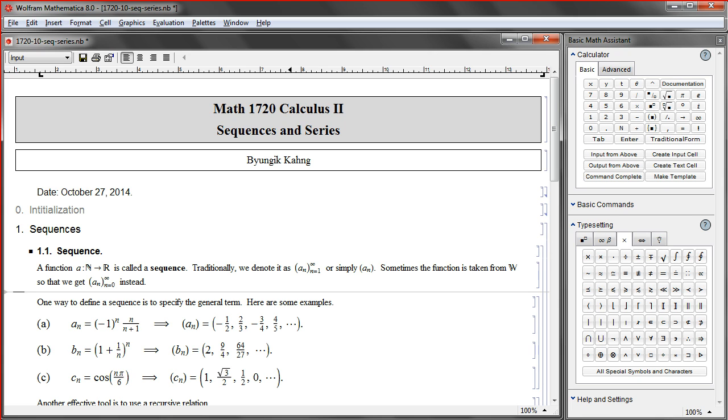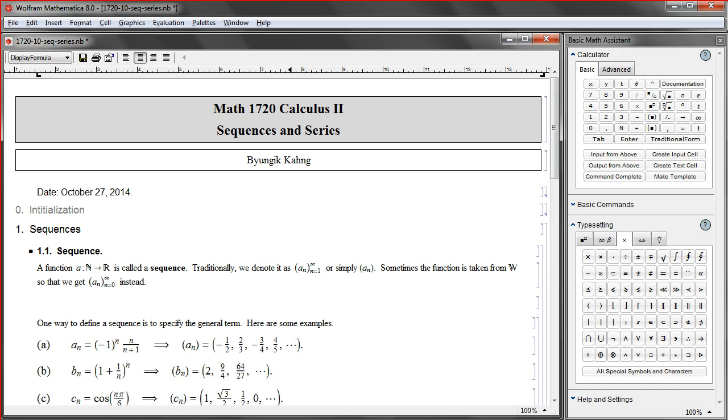You can do all those. And the domain is traditionally the set of natural numbers, but sometimes you can start from 0 and take the set of whole numbers, W, instead. So kind of like this. If you have function f of x, well, that's a traditional function, a real function.